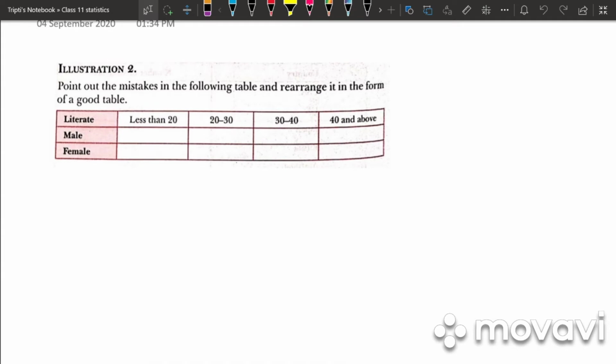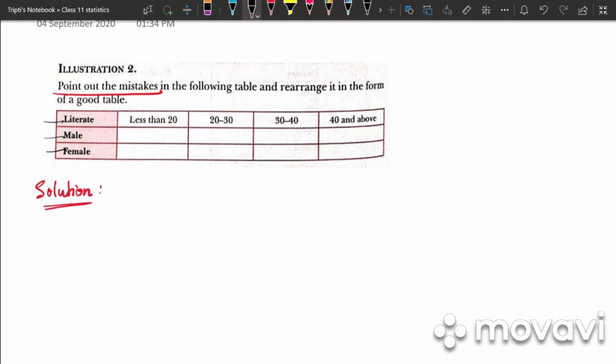Next, let's go on to illustration 2. Point out the mistakes in the following table and rearrange it in the form of a good table. So they have given us literate male, female, and they have asked us to point out the mistakes in this table. So what will be the solution of the problem?